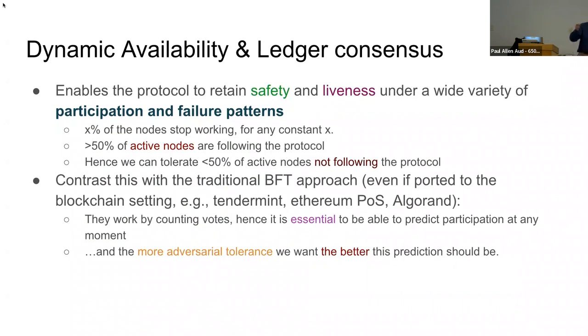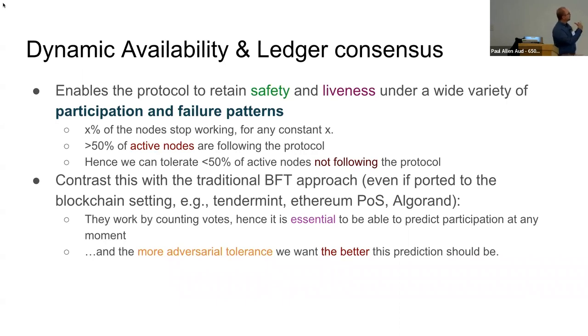And importantly, it gives you both consistency and liveness as long as 50% of the active nodes are following the protocol. There's also this distinction between active nodes and nodes that are not participating at all. That's an essential feature of this class of ledger consensus that we get from the Bitcoin approach of looking at this problem.